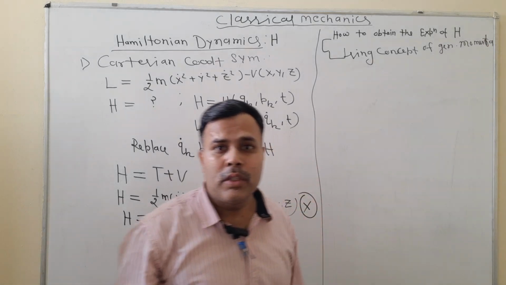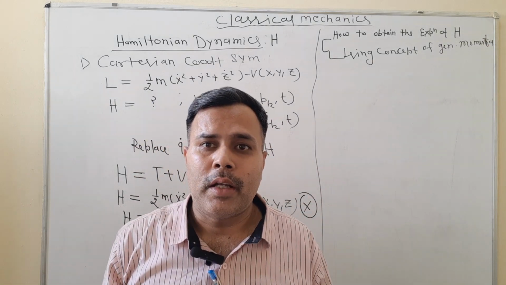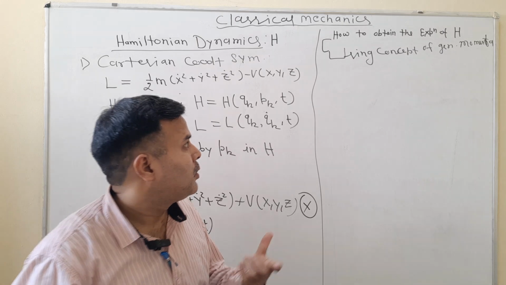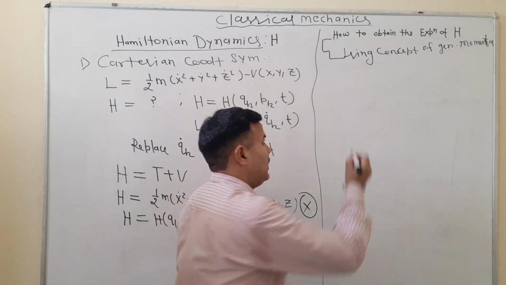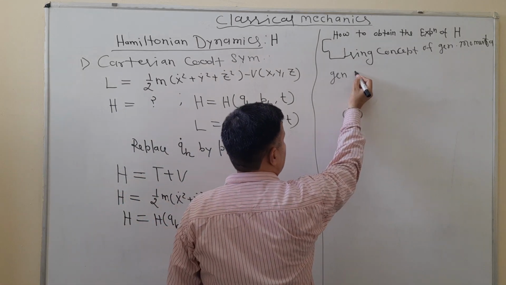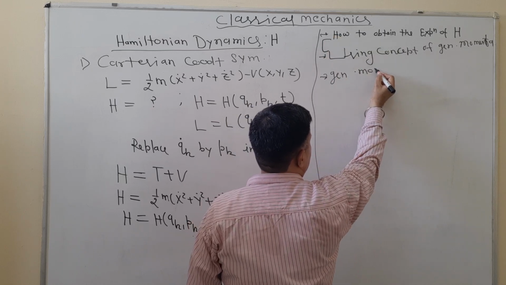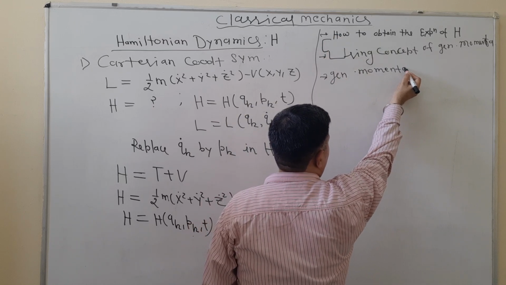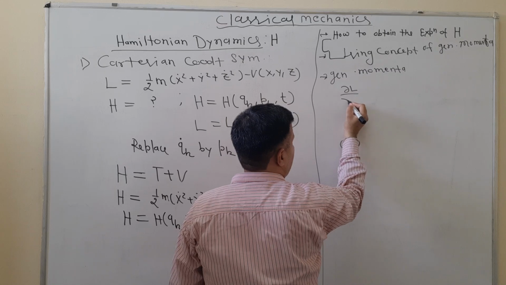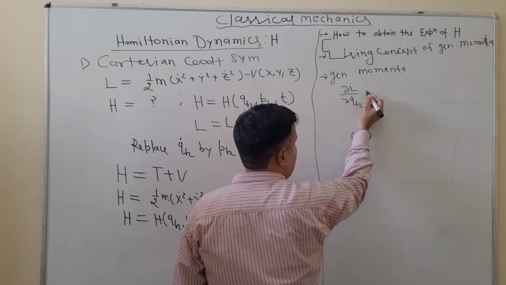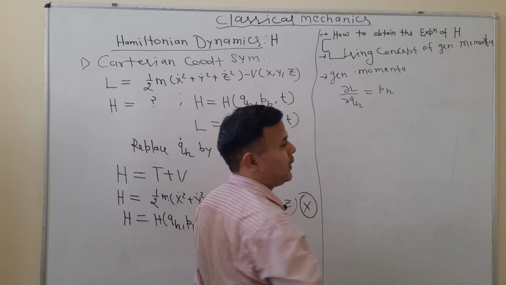Using the concept of generalized momenta, we can simply find it out. And what is generalized momenta? These are very important points. Generalized momenta is simply del L upon del qk dot, which is pk.